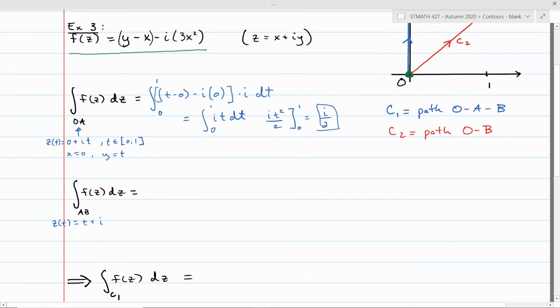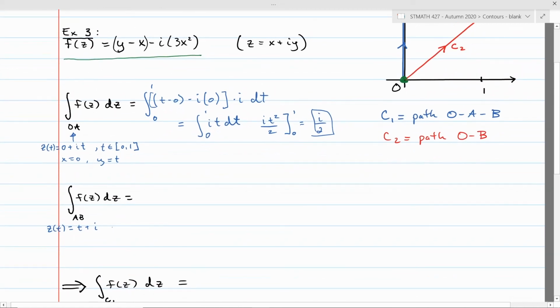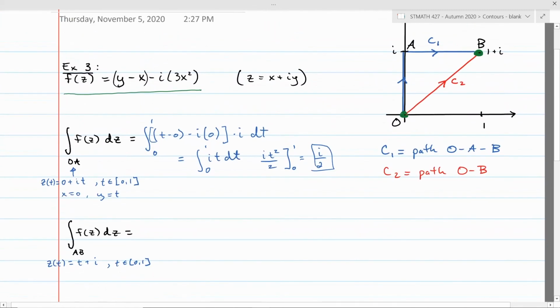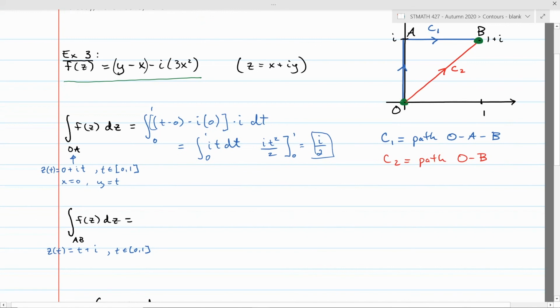So the x coordinate's going to go from 0 to 1, but the y component just stays a steady i on that blue line, right? So you make the y component constant, and so here your x is equal to t, and your y is equal to i, and your dz is equal to 1 times dt.